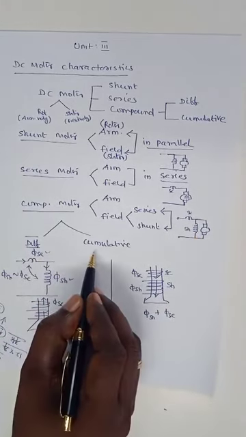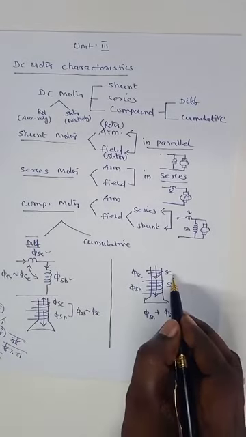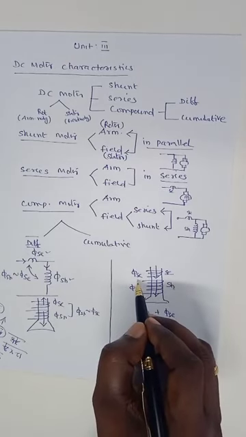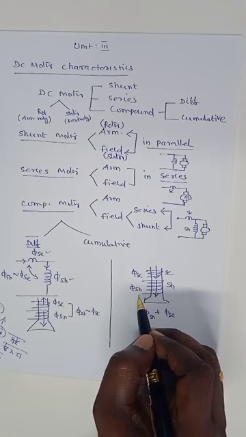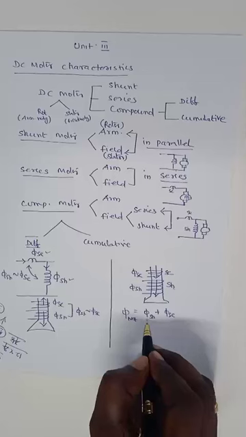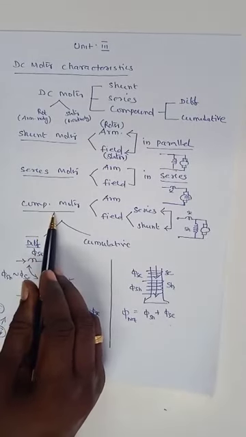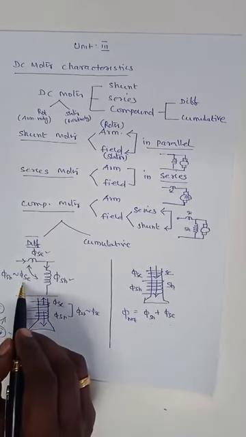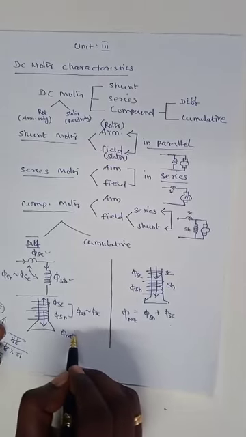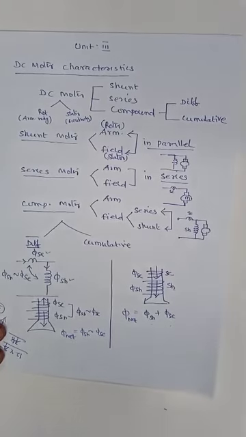In the cumulative type, both field windings produce the fluxes phi series and phi shunt respectively, and the net flux is the sum of these two fluxes. But in the differential type compound motor, the net flux is the difference between these two fluxes.